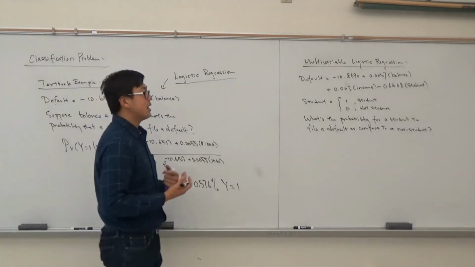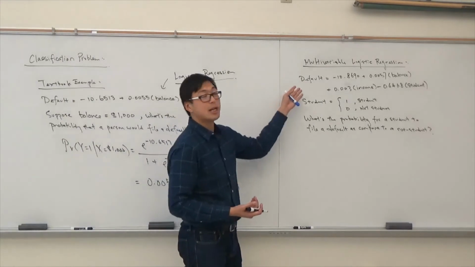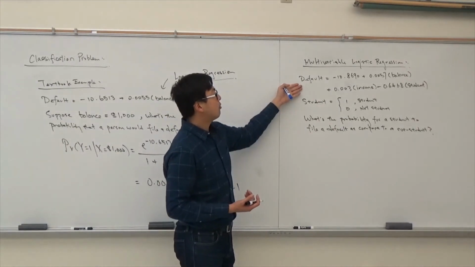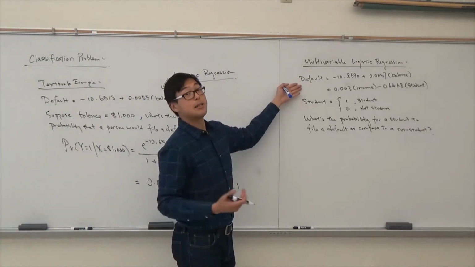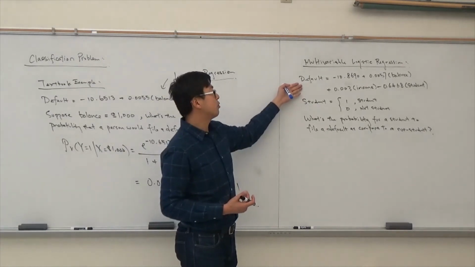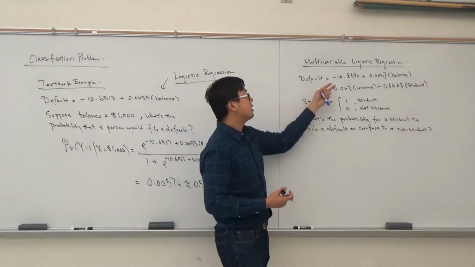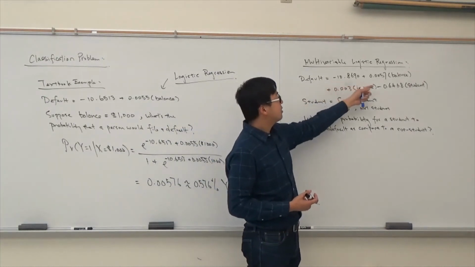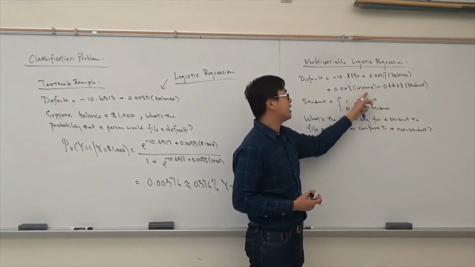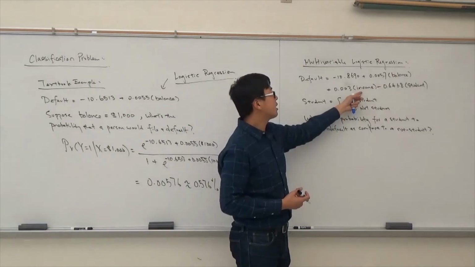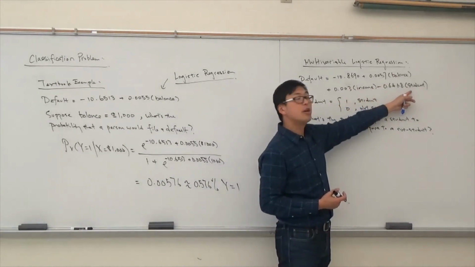In this case, we're using the textbook example. From the default data set, we are trying to model the default rates, and the model is passed three predictors here: the balance of the person, the income of the person, and whether the person is a student or not.